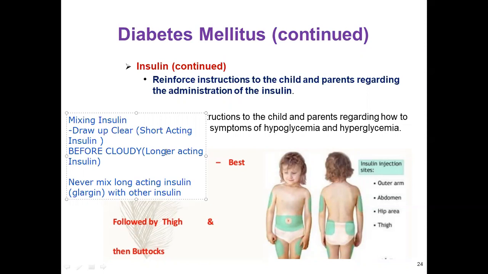So draw the clear insulin first, then cloudy. Another name for clear insulin is short-acting insulin. And never mix long-acting insulin, for example insulin glargine, with other insulin. Important for NCLEX support.